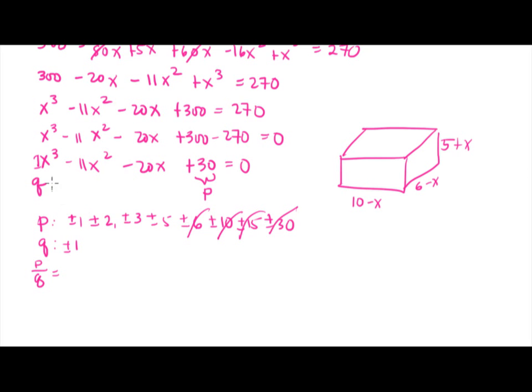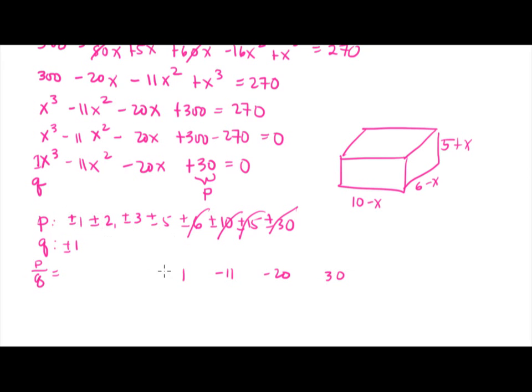Okay? So how do we find that x? We apply another synthetic division. So you need to get the coefficients of the polynomial equation: the 1, the negative 11, the negative 20, and the 30. You might want to try it one by one, so you can use 1 first. If it will not work, then try 2.